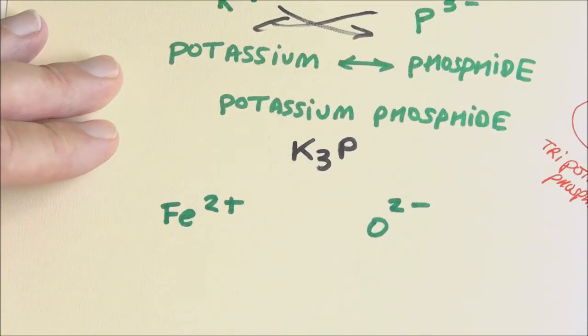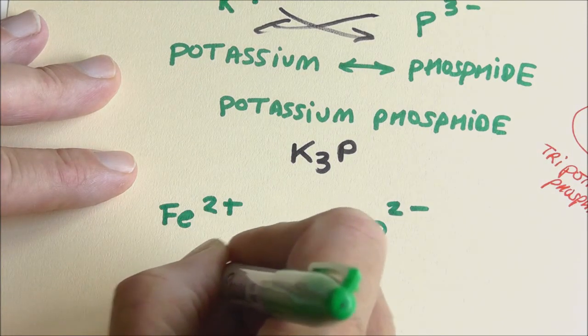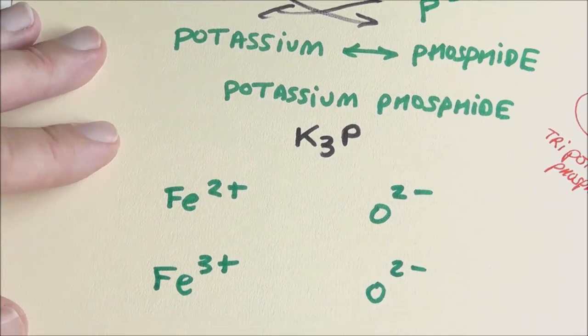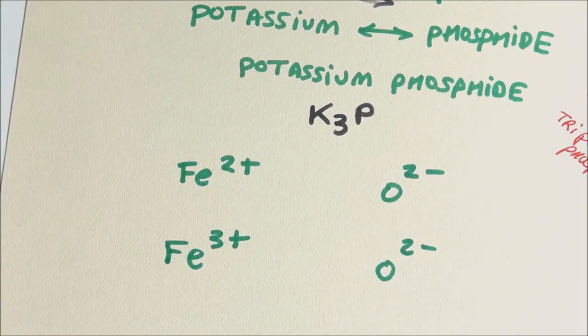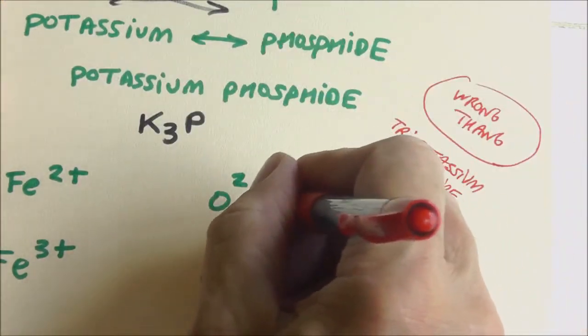And let's take both of the forms of iron, and let's make a formula and a name for each of them. Well, you can see that the formula for iron 2+ and O2- would be FeO.